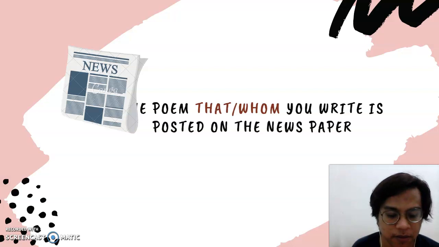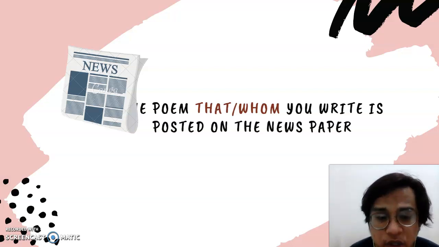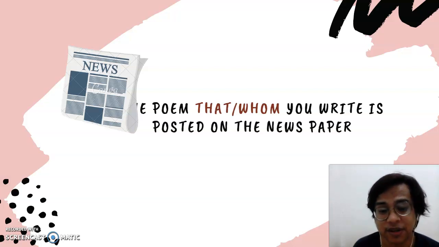It talks about a thing. We cannot use whom here because whom is used to replace an object. So the correct answer is that. So the sentence must be, the poem that you write is posted on the newspaper.